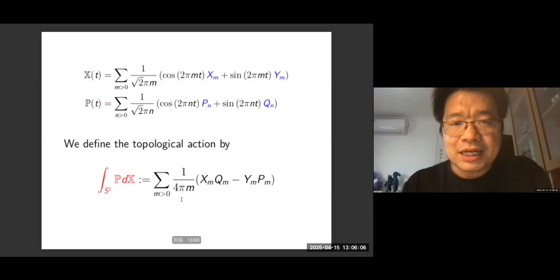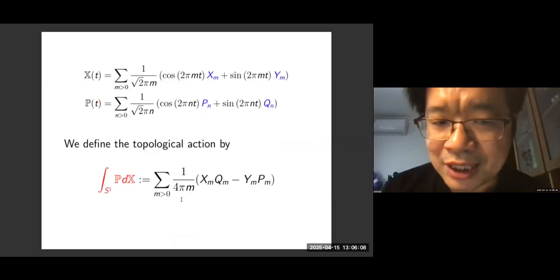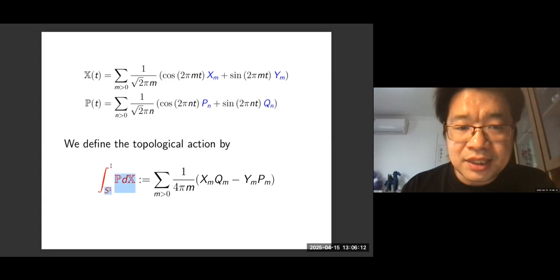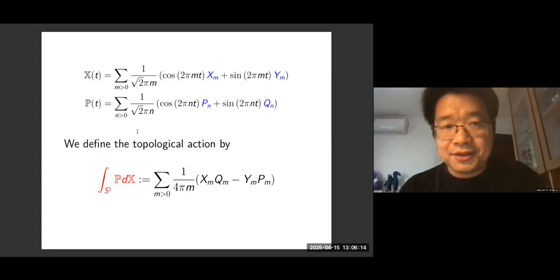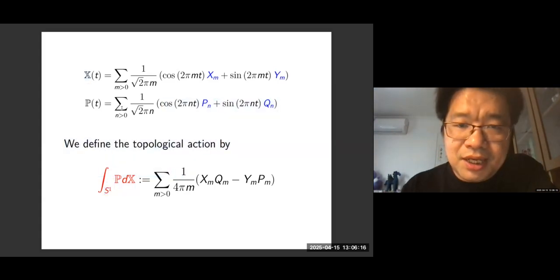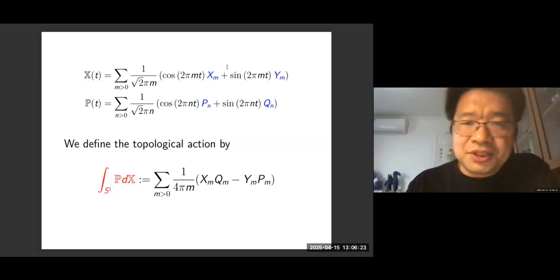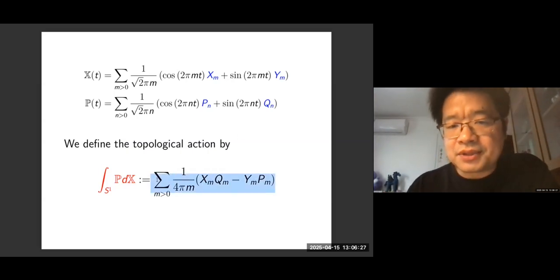So what can we do with that? Remember, I want to explain this topological action p dx. I want to define this p dx as a random variable in the following way. These are my components, x and p. The direct definition of this one is difficult, but we can use these Fourier modes as motivation to write down the infinite sum of these random variables.